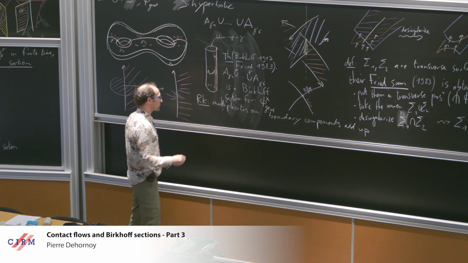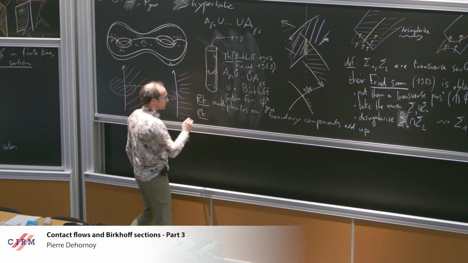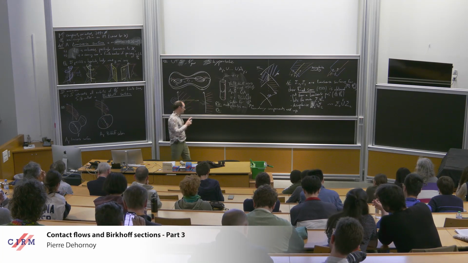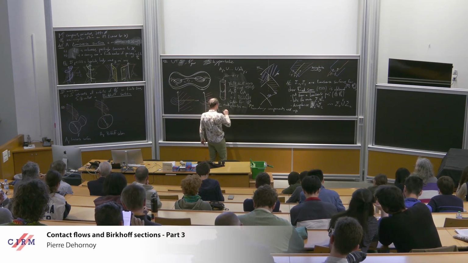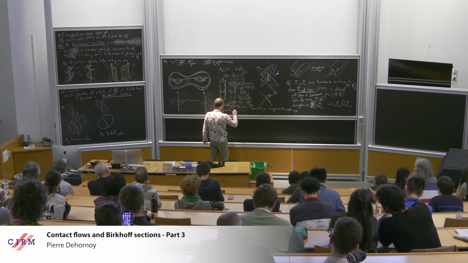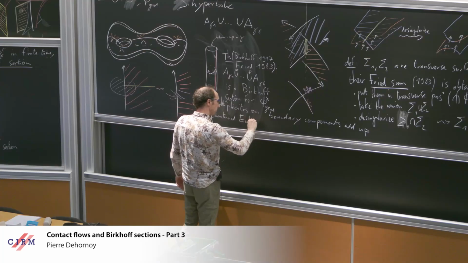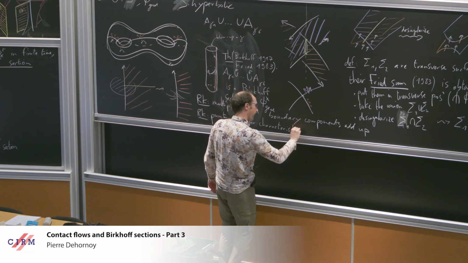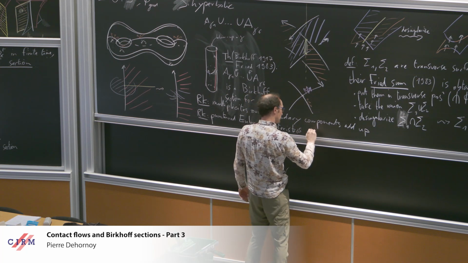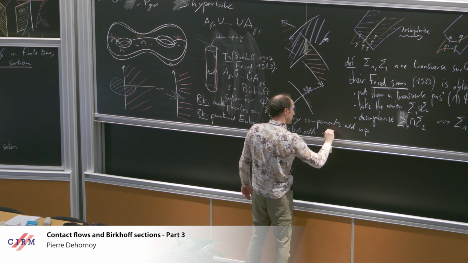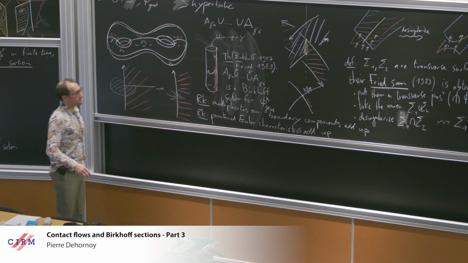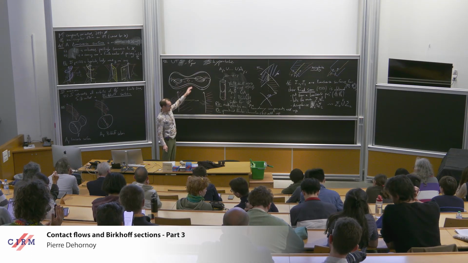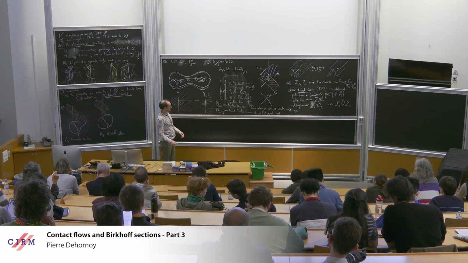The second remark is that the Euler characteristic also behaves very well. It's not exactly the Euler characteristic, but the punctured Euler characteristic adds up also. What do I mean by punctured Euler characteristic? Here these are surfaces with boundary, so you may just consider the standard Euler characteristic.